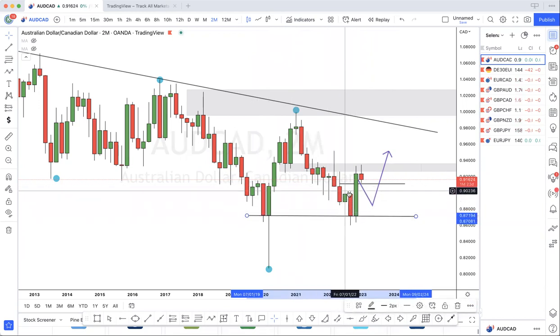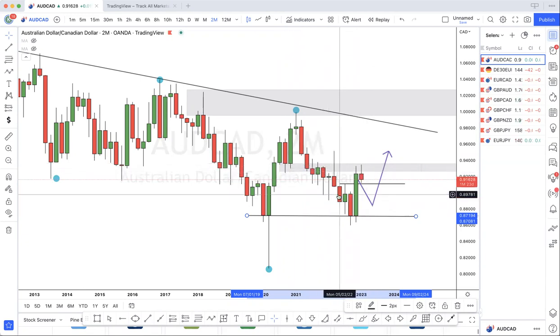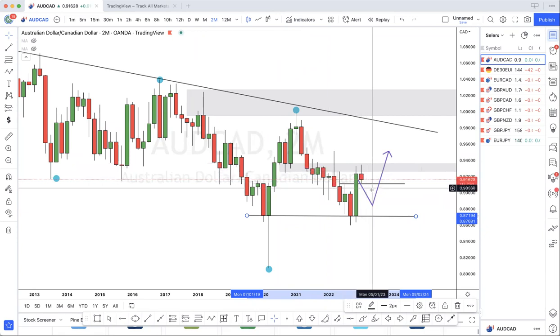Two, it violated a higher time frame order block. So now I'm expecting price, and it's tapped into this zone that we created before, this violated order block. It's coming back and retesting this zone again. It retested it here, but it's retesting it again.